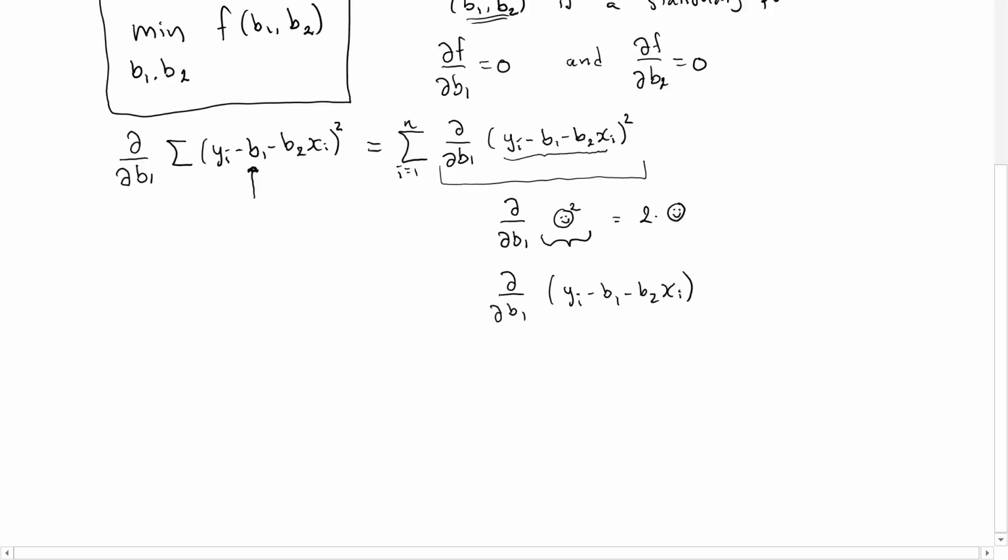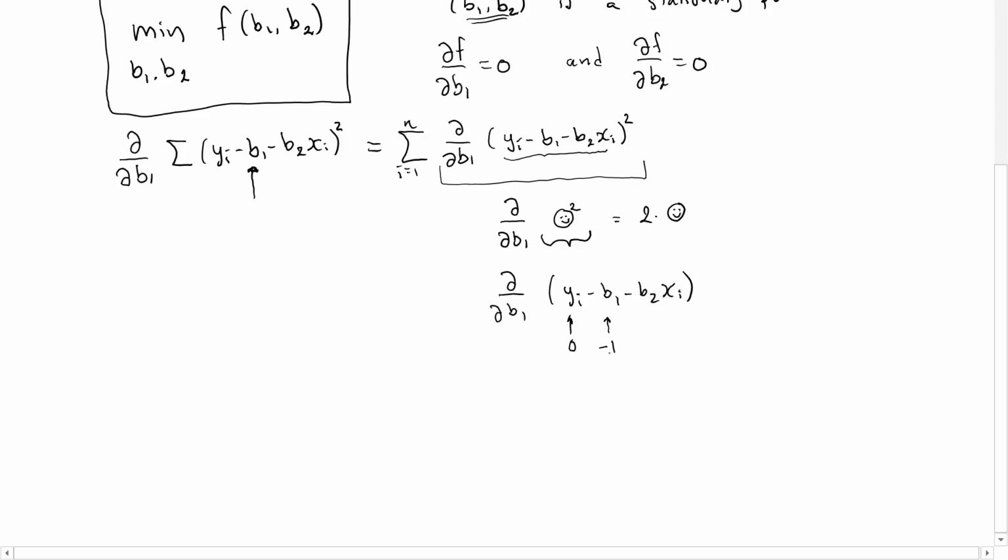That expression is the inner derivative. Well, this again is just a sum, so I can just differentiate each term separately. If I differentiate yi with respect to b1, I get a 0. Just think of that as a constant. If I differentiate minus b1 with respect to b1, well, that's just a linear function, so the derivative of that is minus 1.